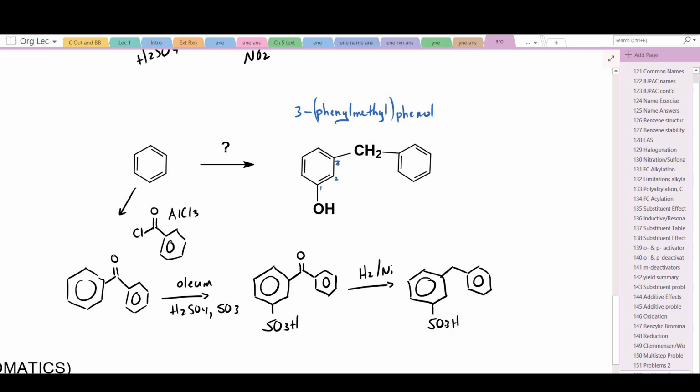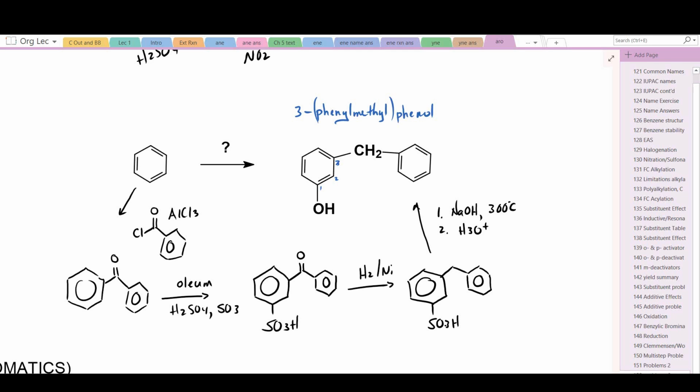And then finally we can carry out alkali fusion. This is a two-step process. Molten sodium hydroxide at 300 degrees Celsius, ouch, followed by some hydronium ion to reprotonate the phenoxide. Are you wondering perhaps, could we have done the alkali fusion first and then the reduction?